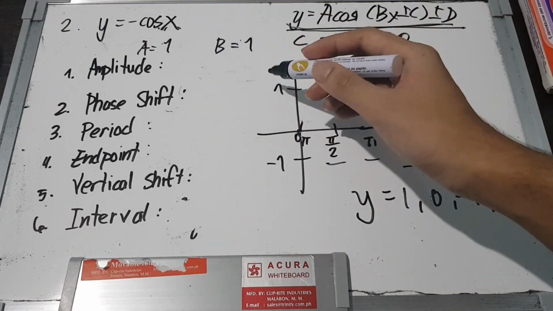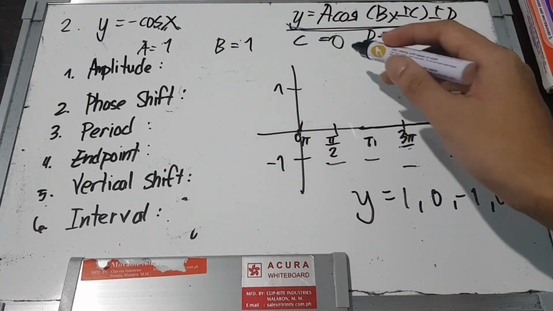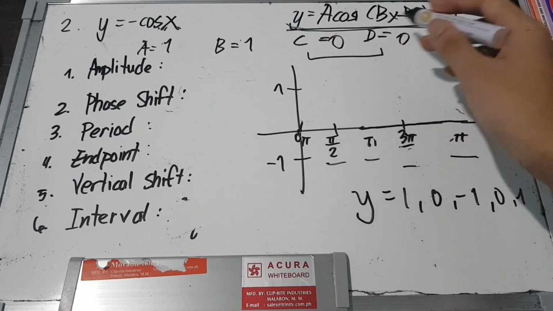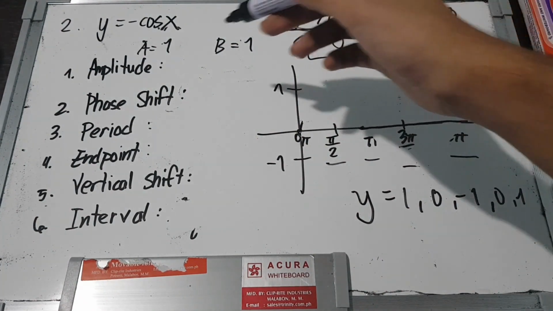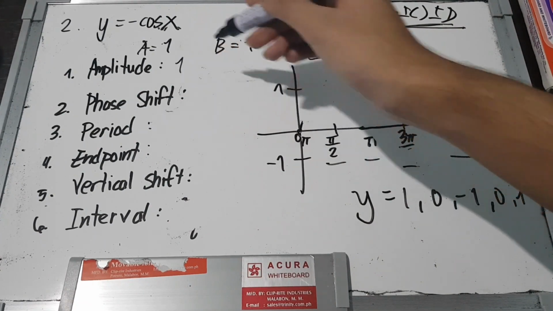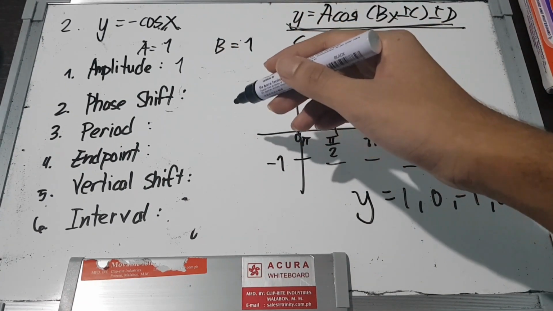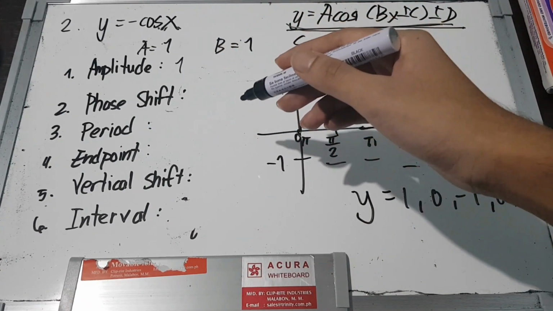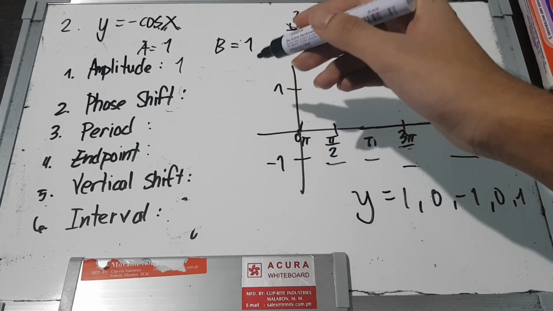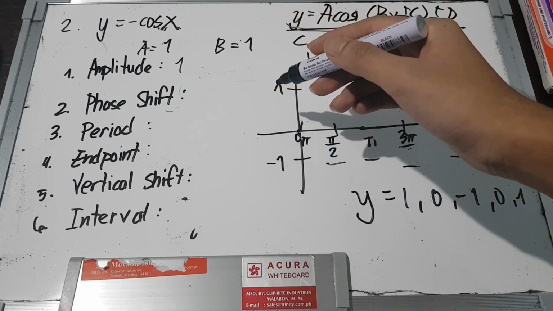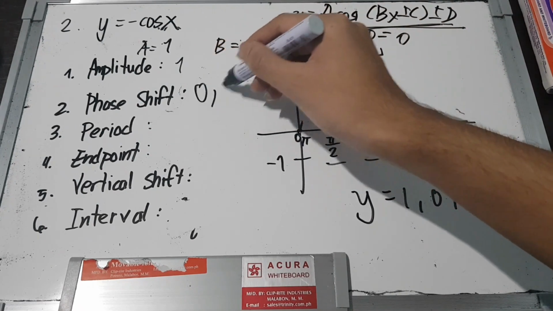A would be 1, B would also be 1, both C and D would be 0. Our amplitude would be absolute value of A, which would be 1. Our phase shift would be C over B times pi, which will be 0 pi.